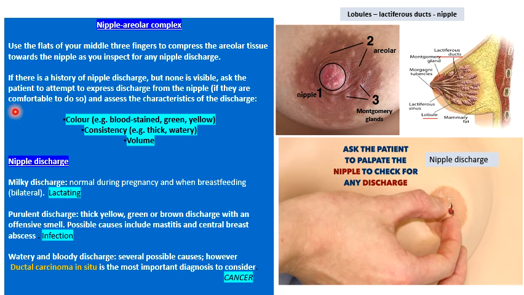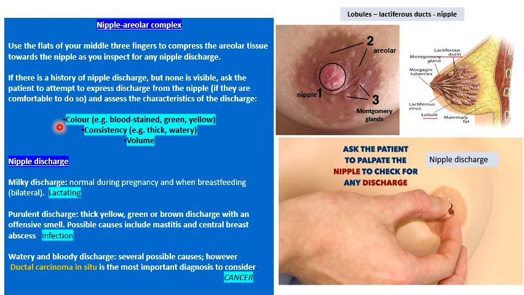If there's a history of nipple discharge, but nothing is obviously seen, it is not visible, it's better to ask the patient to express the discharge from the nipple if she is comfortable to do so, and assess the characteristics of the discharge. If she is unable, then you can try to use your fingers to express it to see whether there's any nipple discharge.